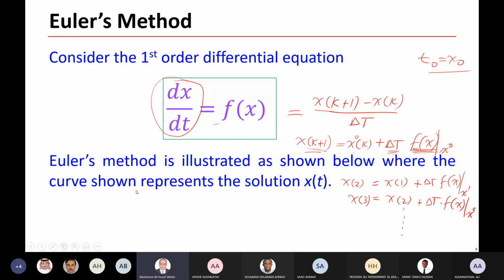So iteratively you can continue until you reach, for example, if you want to solve from 0 to 2 seconds, and you have delta t equal to 0.1 second. So how many iterations will we do from 0 to 2 seconds with a 0.1 second interval? Then you have 20 iterations. So you go up to x20 here.